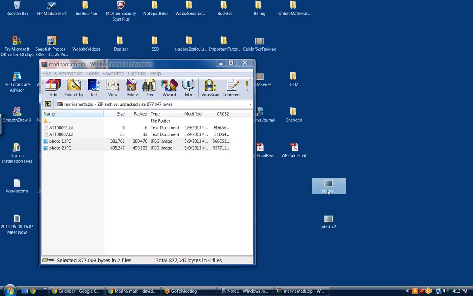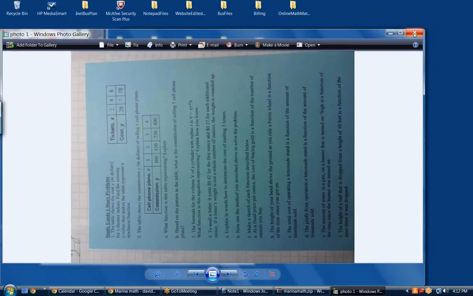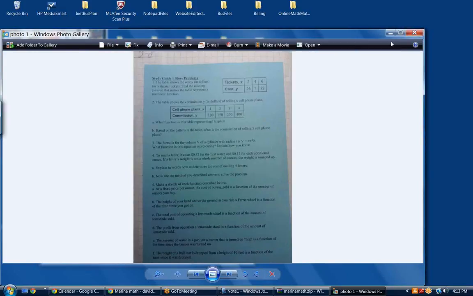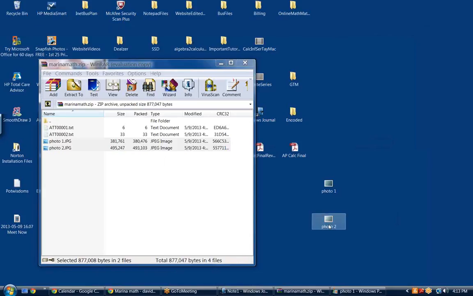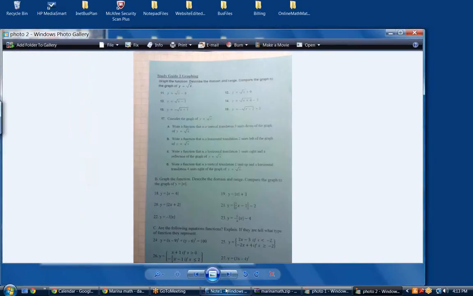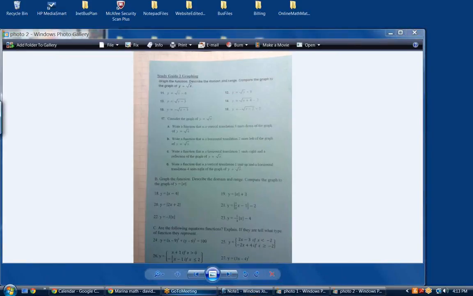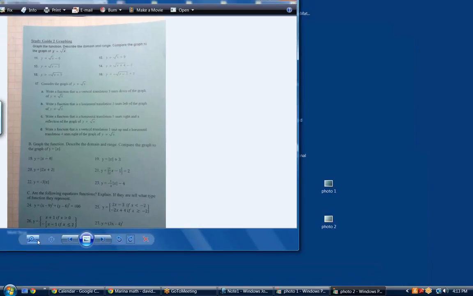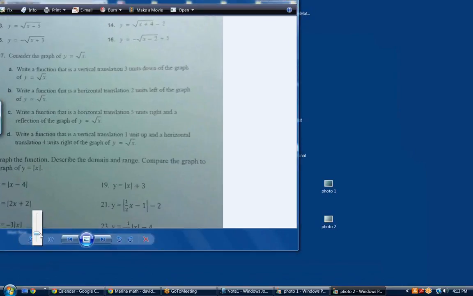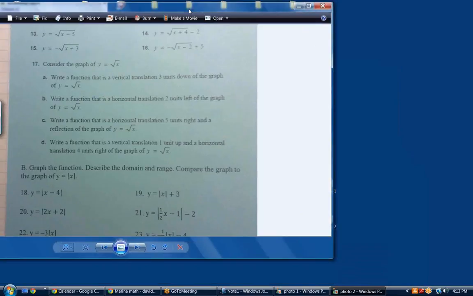Let me just make sure I can open this by itself. So the problem we're working on is on the second one. You want to stay on these while we're on this topic, or do you want to go to page 1? We can go to page 1, I guess.